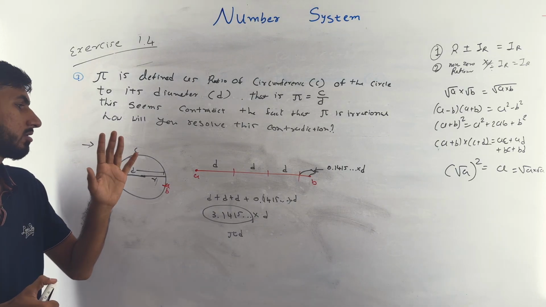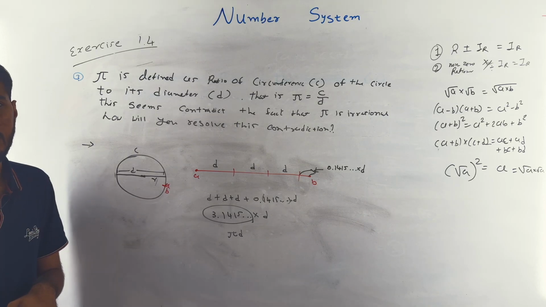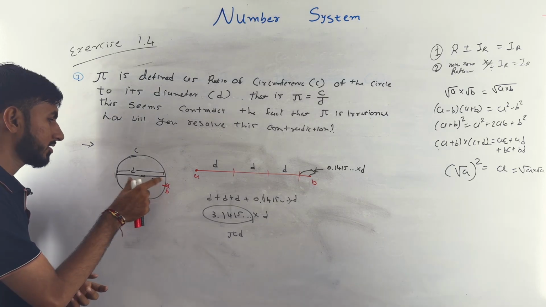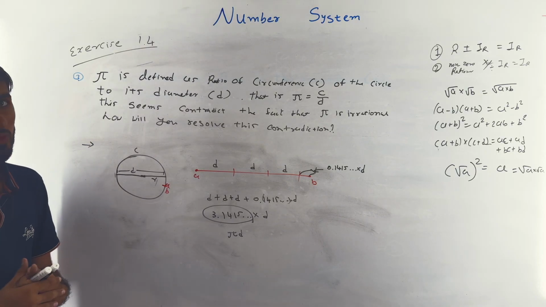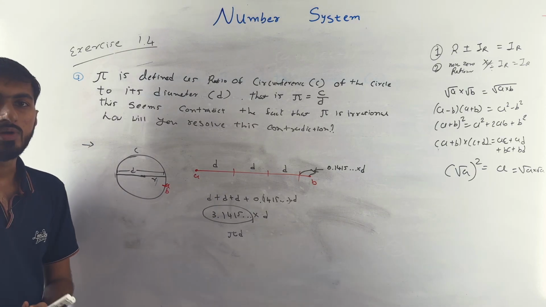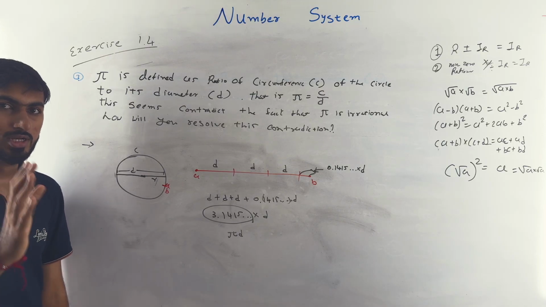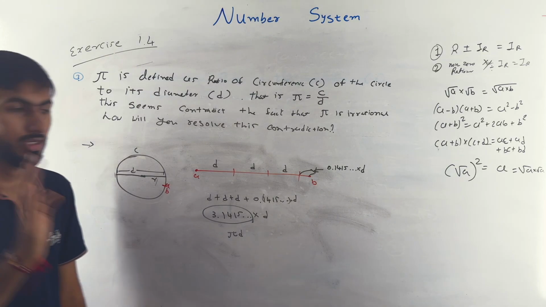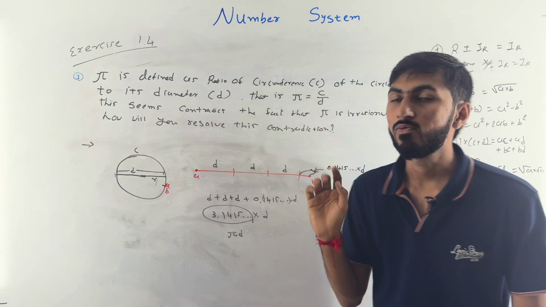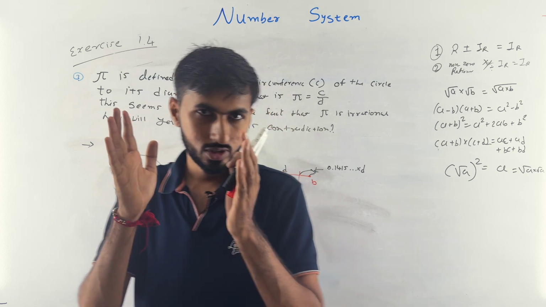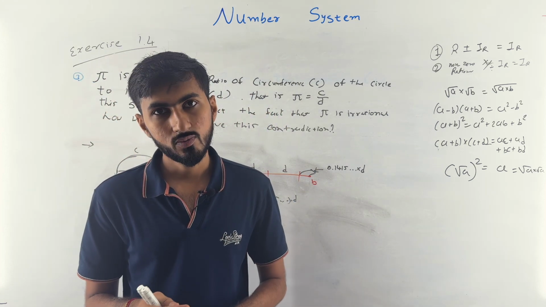So if you take an ideal circle where the lengths are exactly integers, then you get the value of pi as 22 by 7 or 3.14. But there is no ideal circle for which lengths are exactly integers, because as you use a more precise device, you will get more digits after the decimal point.